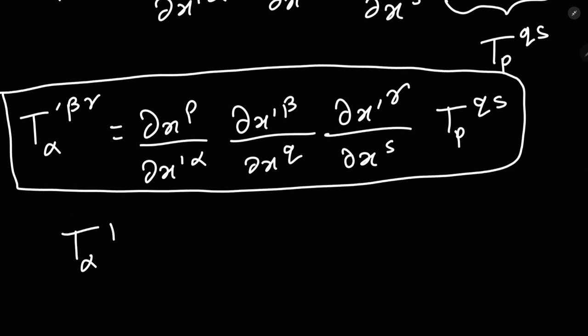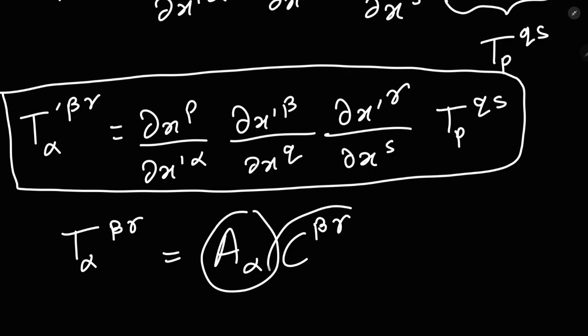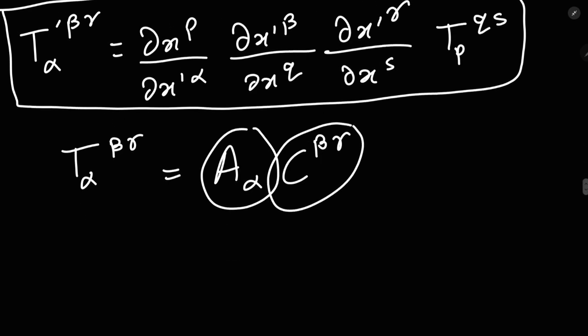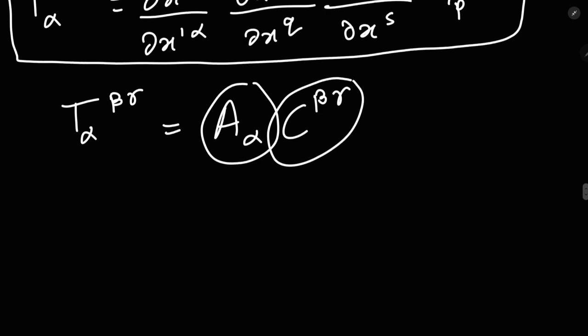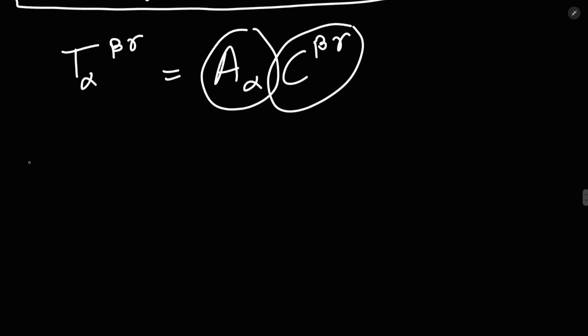So T, being a direct product of A alpha and C beta gamma, also transforms like a tensor. So this was about the direct product. Now the third property or third procedure with tensors is contraction of a lower and upper index.